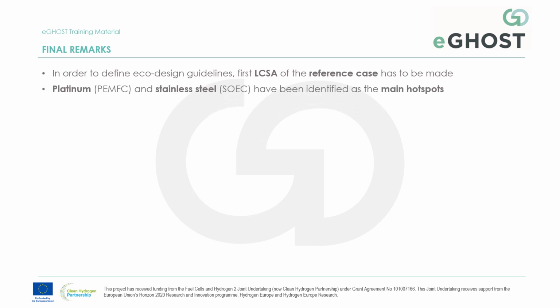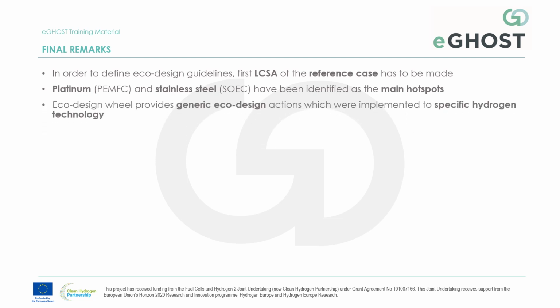The platinum in the case of the PEM fuel cell stack, and stainless steel in the case of solid oxide electrolyzer cell has been identified as the main hotspots. The eco-design wheel provides generic eco-design actions, which were then implemented to a specific hydrogen technology.